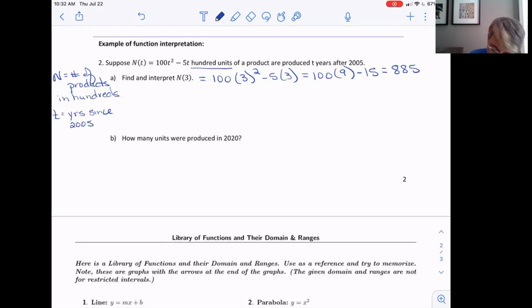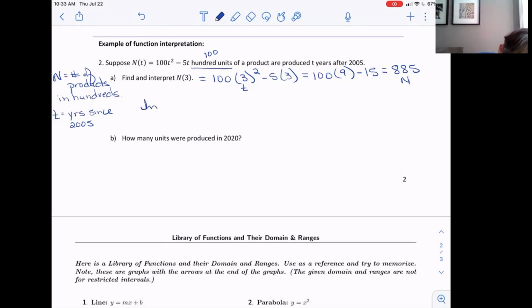So again, the 3 is our t, the result is our N. So that means we had 885 units, okay? So if it's 100 units, that just means we're going to add 2 zeros onto that. t is 3, so it's 3 years after 2005, which gives us 2008.